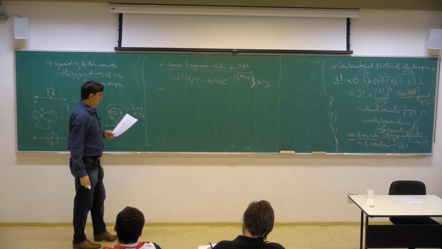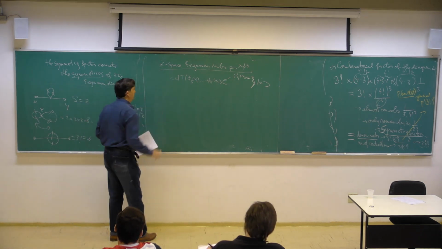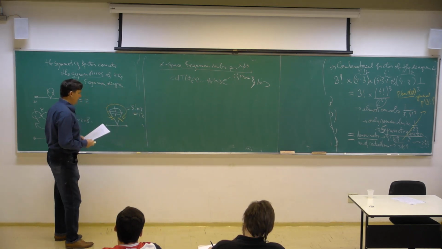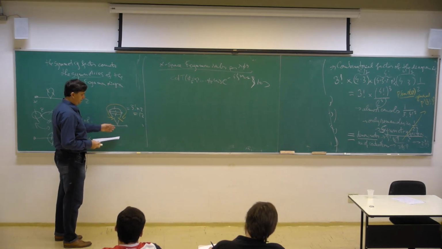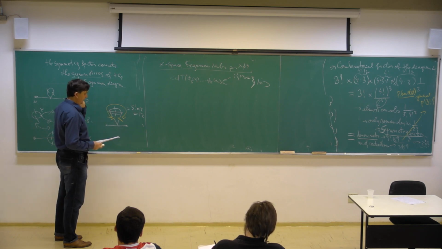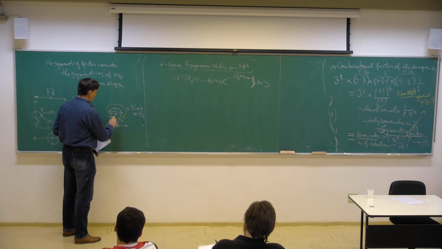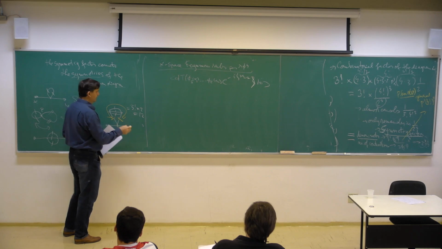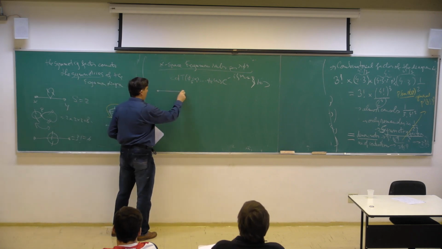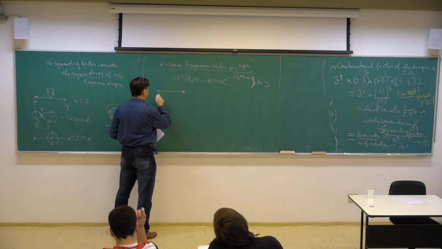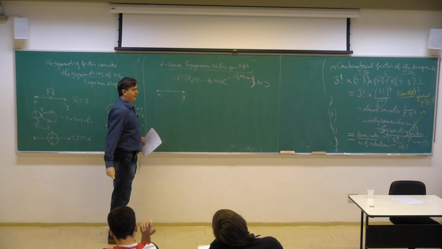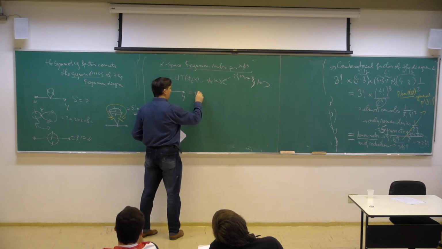So first of all, what do we see in these diagrams? Well, we see 3 kinds of things. We'll see some internal lines between 2 points. So somehow this thing must be a propagator.